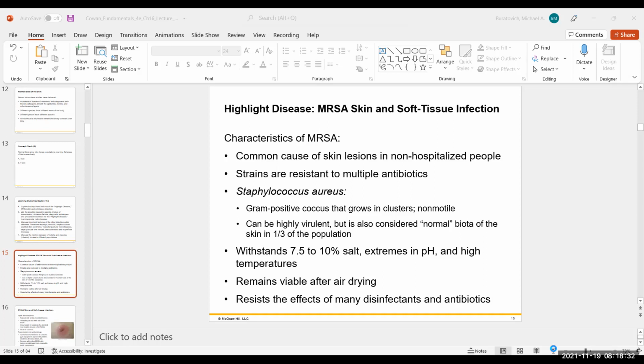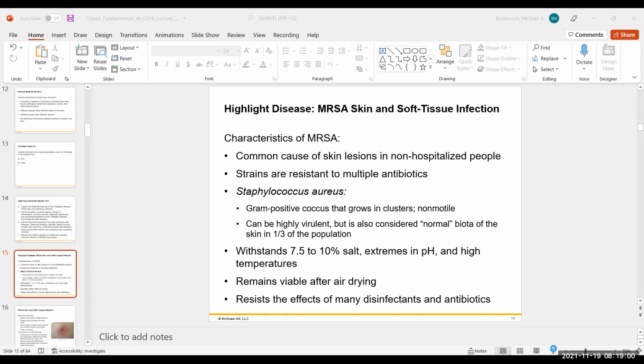Phlebitis means it's in the veins of the legs, usually small veins of the legs. If it's the bigger veins of the legs, then it's called deep vein thrombosis, DVT. The small veins in the legs, that's phlebitis. It's very painful. You get thrombophlebitis.